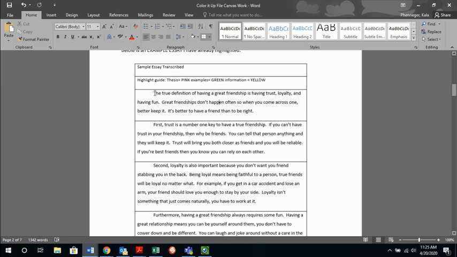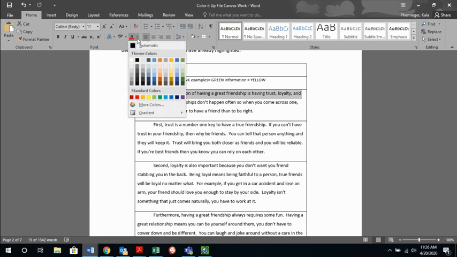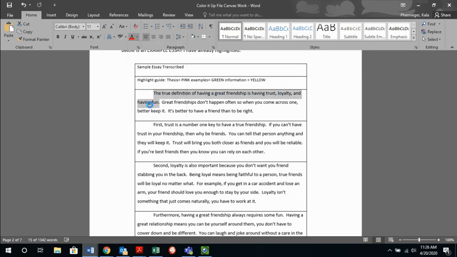Right off the bat, we see the true definition of having a great friendship is having trust, loyalty, and having fun. Great friendships don't happen often, so when you come across one, better keep it. This just seems to be advice, so this must be our thesis statement. And keep in mind, a student wrote this from Santa Fe, so don't be judgmental.